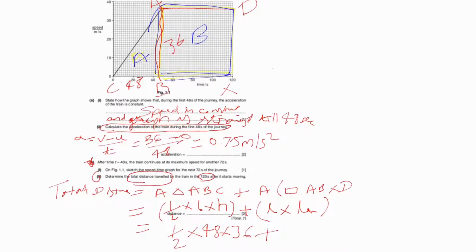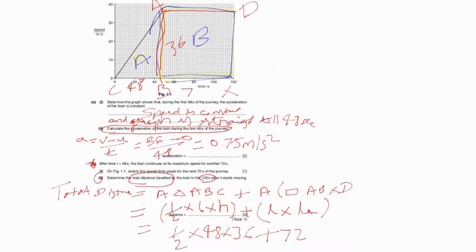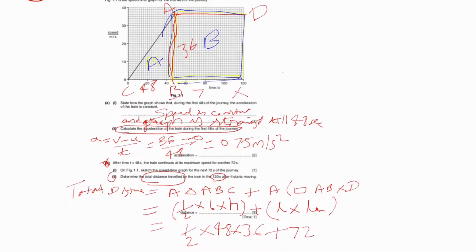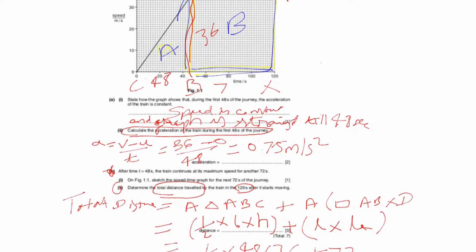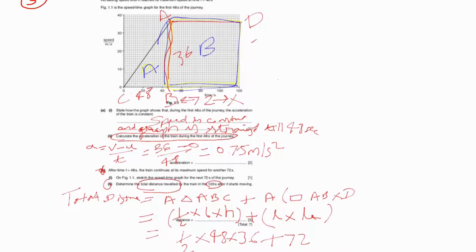Length is BX and breadth is DX, or we can take AB. The length BX, as you know, is 72, and the height is again 36. So length into height, 72 into 36.